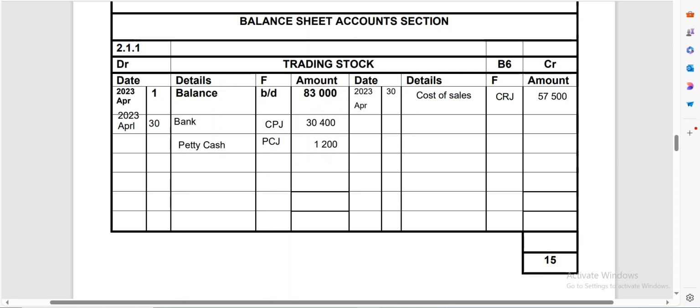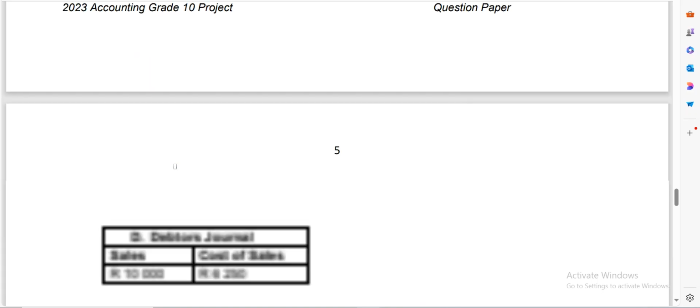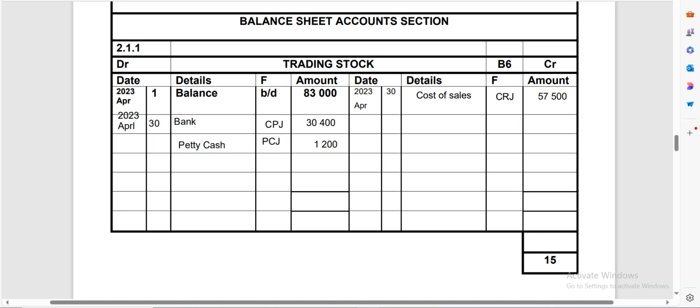Then you go to the next journal, where you are seeing cost of sales or trading stock. The next one here is the debtors journal. Now remember, in terms of the debtors journal, it means we sold on credit. But the most important thing is that our stock decreases. So we'll come here and say cost of sales again on the same day.